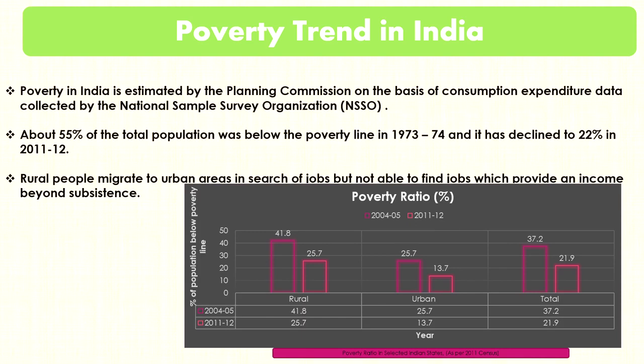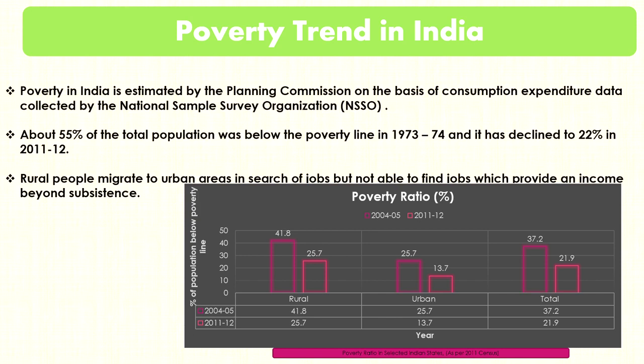Next we will see the poverty trend in India. Poverty in India is estimated by the Planning Commission on the basis of consumption expenditure data collected by the National Sample Survey Organization. About 55% of the total population was below the poverty line in 1973-74, and it has declined sharply to 22% in 2011-12.